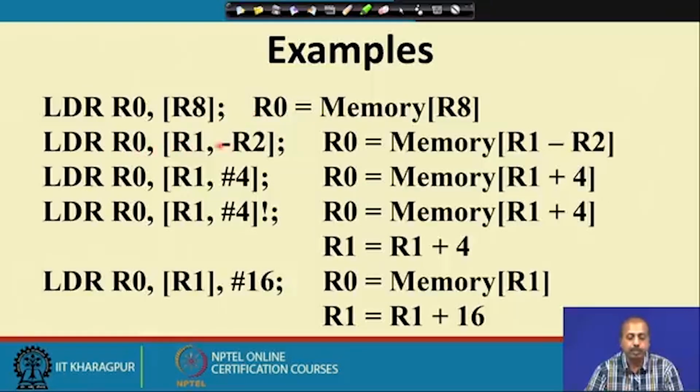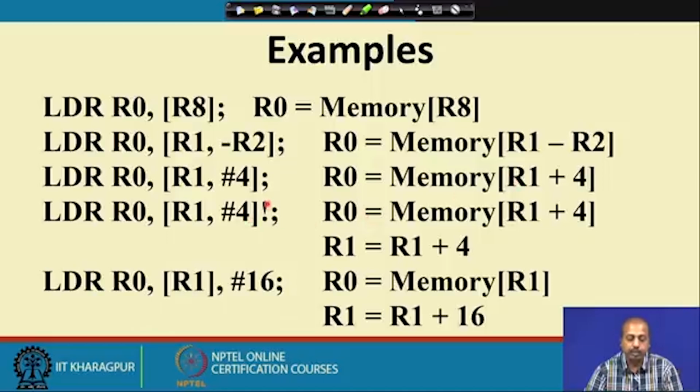Then we can have base plus offset addressing like LDR R0, [R1, -R2]. R1 is the base address and minus R2 is the offset. This offset is added, and the content of that memory location will come to register R0. The offset can also be an immediate value: [R1, #4], so R0 gets the content of memory location R1 plus 4.